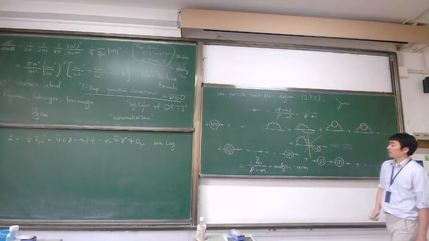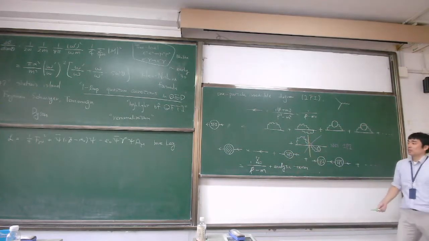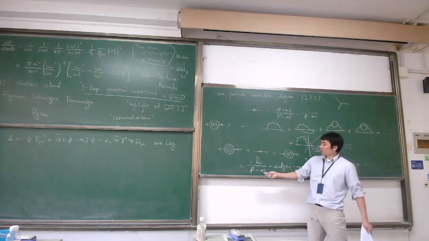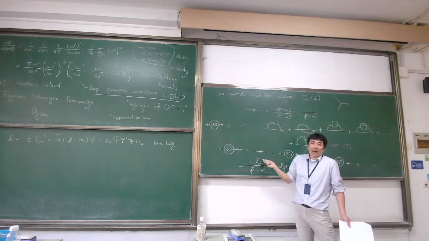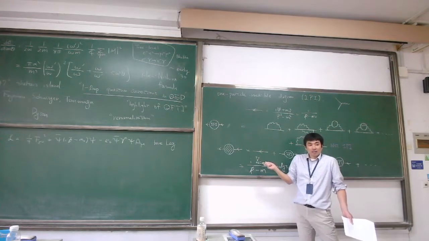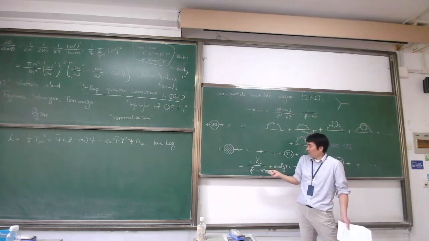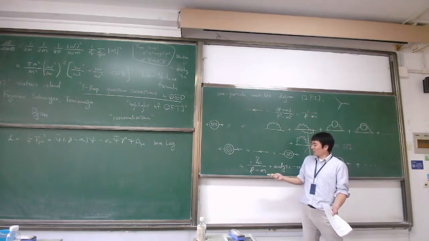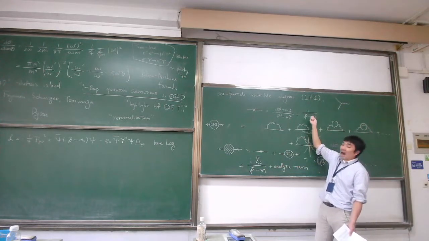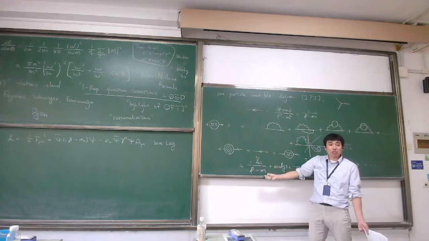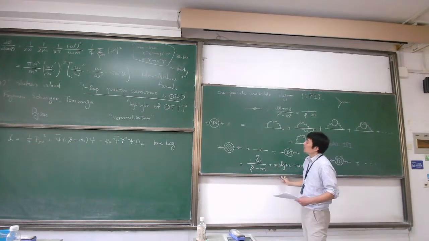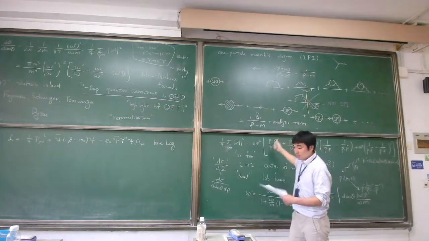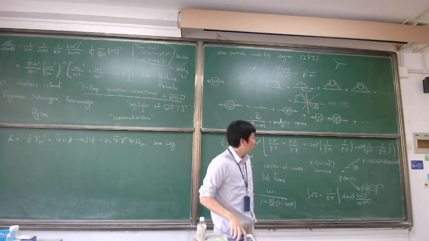So if you include all the quantum correction, the pole of this propagator is no longer M0, and the residue is no longer 1 or i. Therefore, the electron mass will change, and also the residue will change. The same thing will happen in the photon propagator.